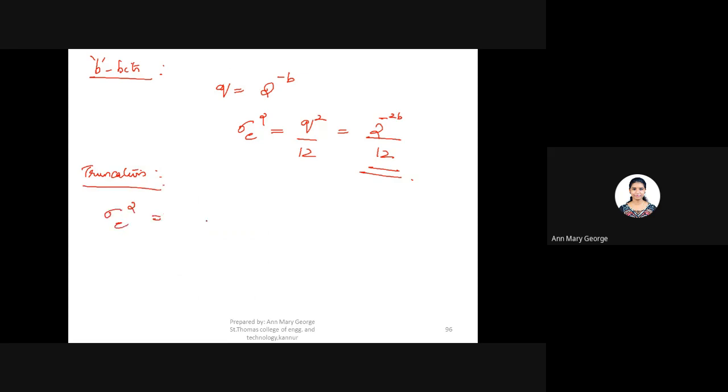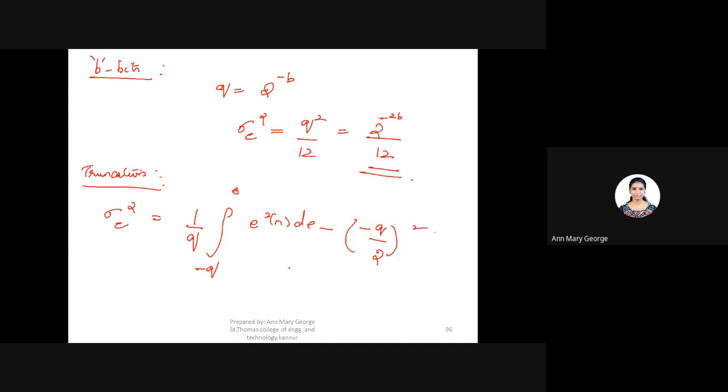Variance can be written as again 1 by q, integral for truncation. What is the limit of truncation? The limit is minus q to 0, e square of n dE, and again we subtract minus q by 2 the whole square.